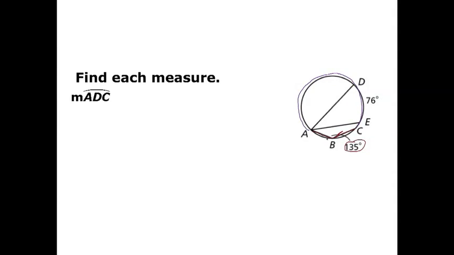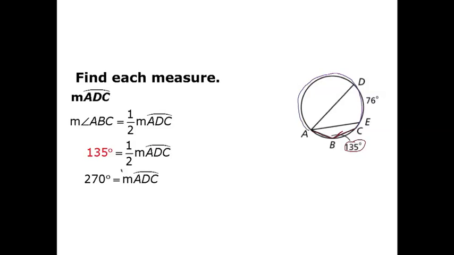So since this is the inscribed angle and it has to be half of the intercepted arc, I can think about just doubling this number. Doubling 135 is going to get me 270 degrees. But here's how it looks algebraically. Setting up the equation, you have 135 degrees is equal to half of the measure of the major arc, so I'll double both sides to get 270 degrees.